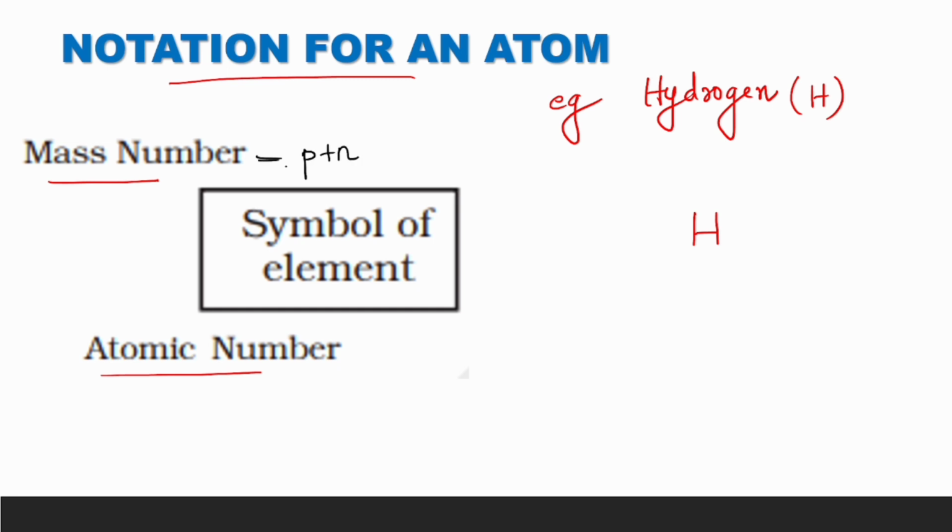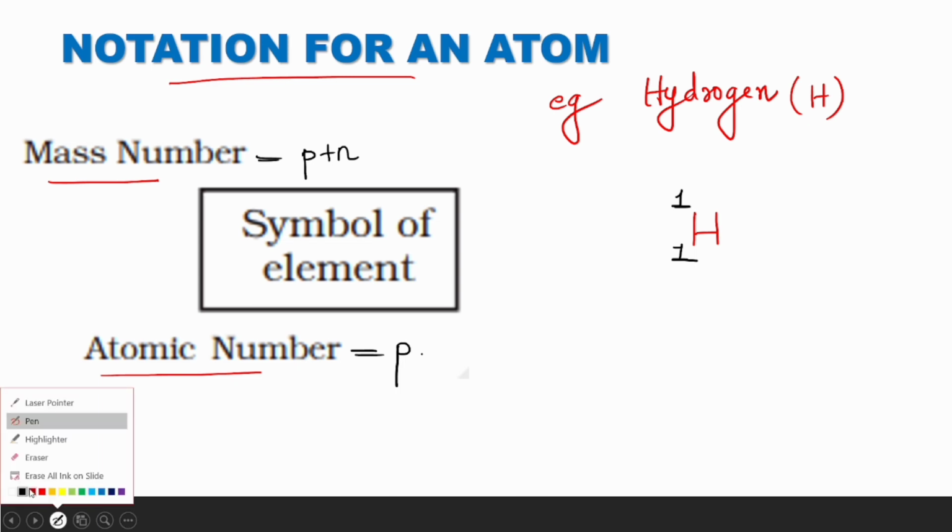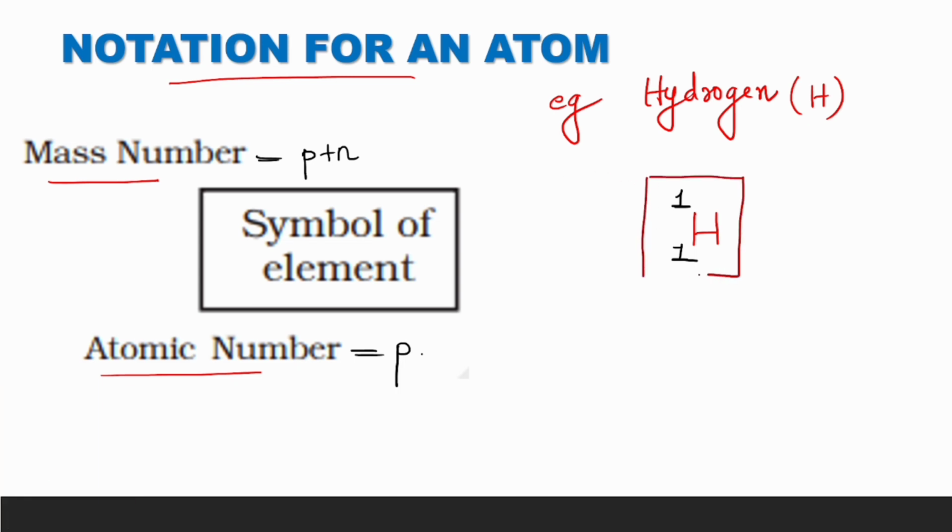But for hydrogen, we already studied there is no neutron, only one proton present. So hydrogen's mass number is 1. Atomic number is the number of protons, so 1 itself is the atomic number of hydrogen. So this is the notation of a hydrogen atom.